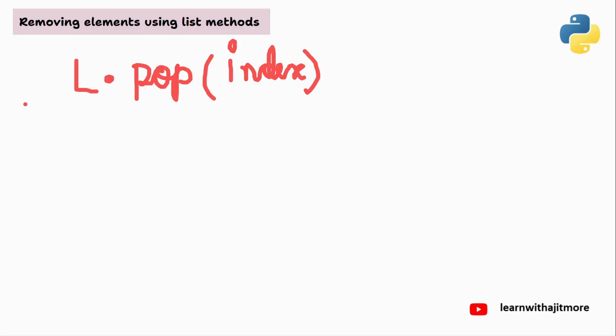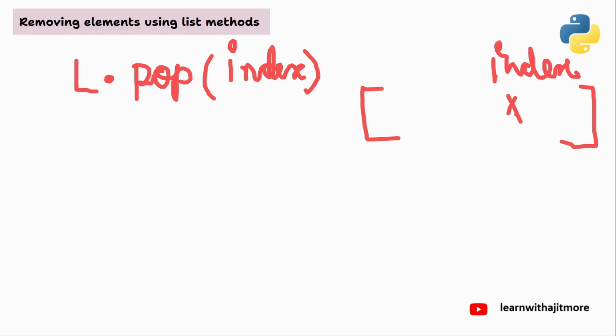Whatever the deleted element is, this pop will return. The element at that index from the list, वो index पे जो भी element है वो तो delete हो गया. आपकी list shrink हो गई, एक element कम हो गया. The deleted element it returns. If you collect it in a variable and see, आपको दिखेगा वो deleted element आ गया.